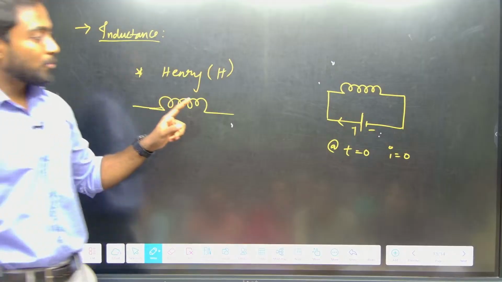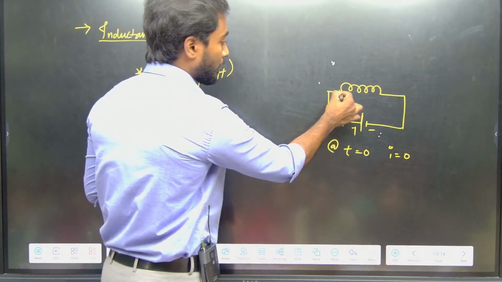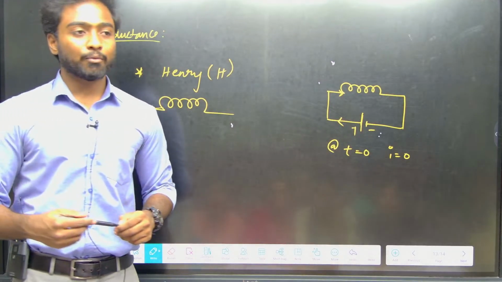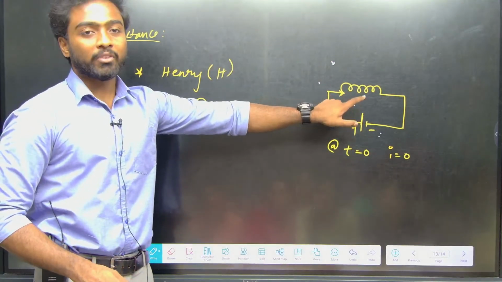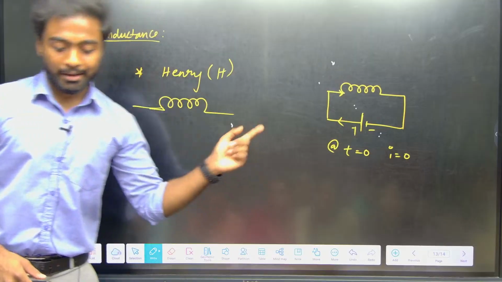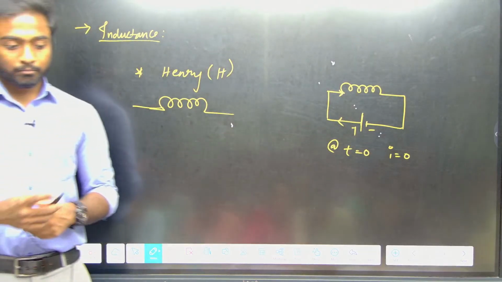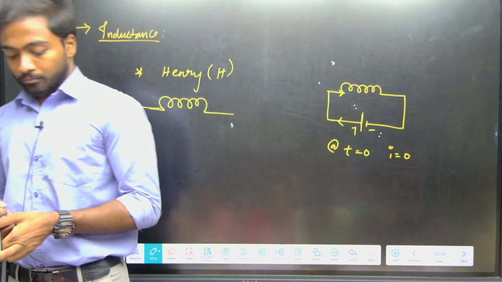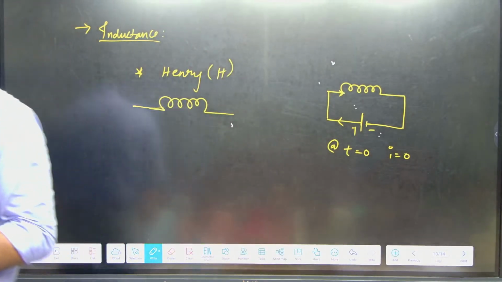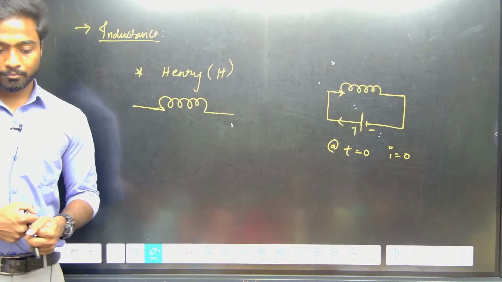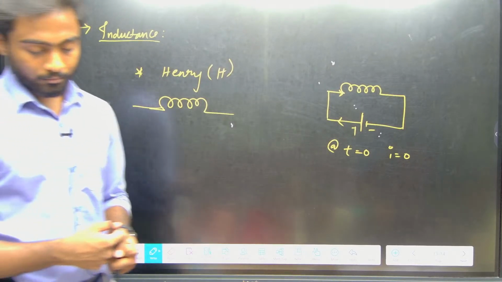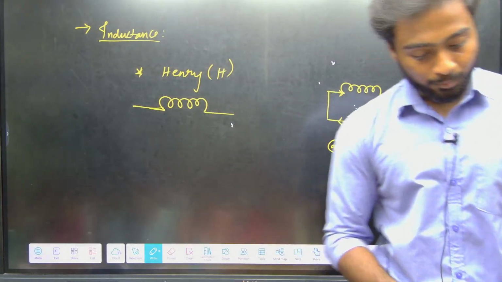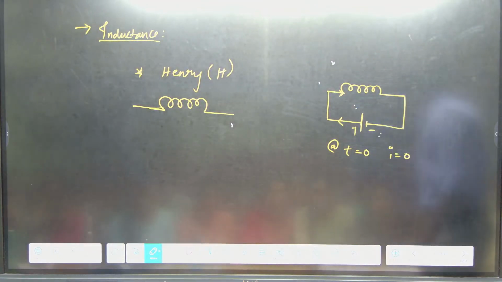Now what happens when it comes to this point? That maximum level becomes minimum because of the inductance, which is opposing in nature, right? Take the circuit. It is a battery. One is big and one is small.